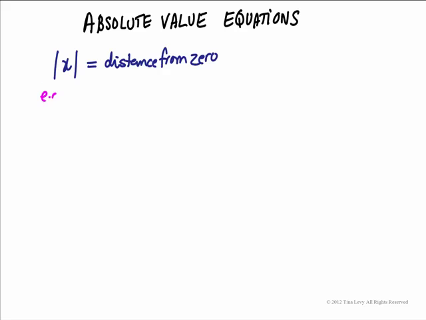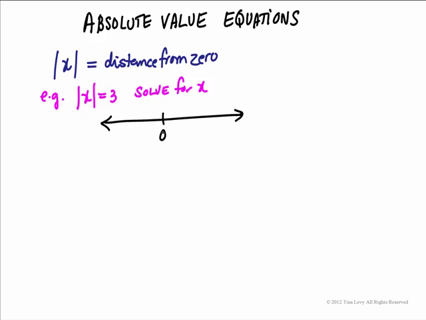So for example, if I say absolute value of x is 3, solve for x, I'm really saying what values of x are 3 units. Their distance from 0 is 3. So if I look at the number line, here I am at 0.